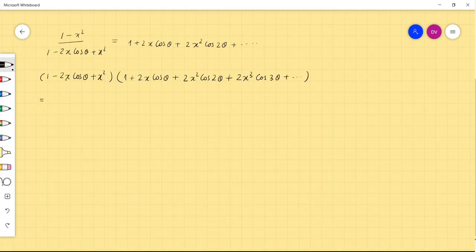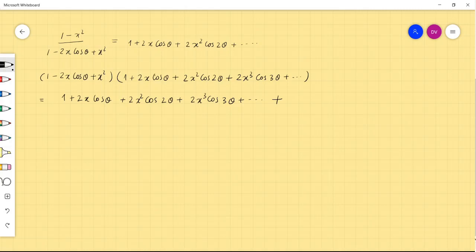So when we multiply this with 1, you will get this bracket itself: 1 + 2x cos θ + 2x² cos 2θ + 2x³ cos 3θ + etc.